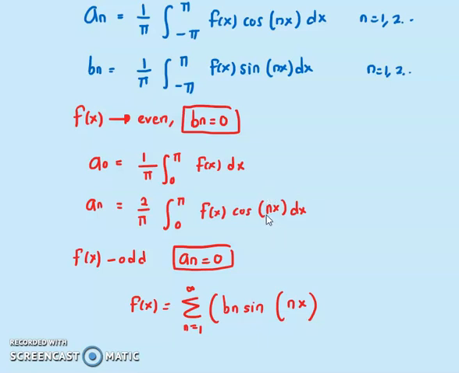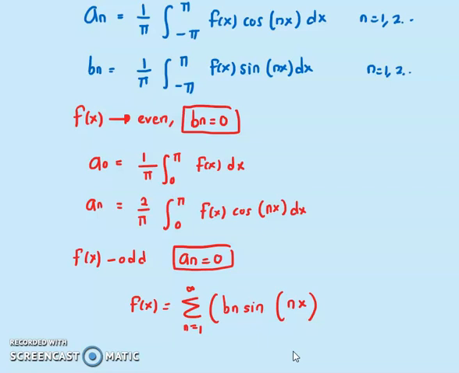I hope you can get this equation here. So these are the changes that happen if we have an odd or even function.